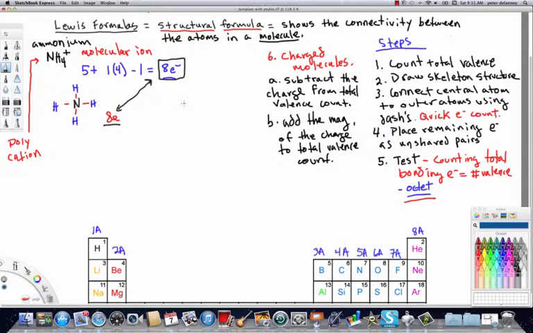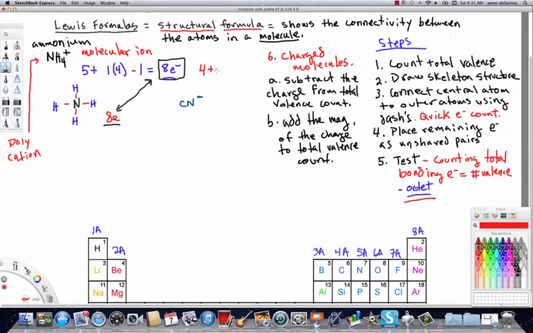We'll look at cyanide, CN-, and again we're going to follow our steps, paying attention to step number 6 here: since it's a negative charge, we're going to be adding that charge to our total valence count. For carbon, we're in group 4, so that's 4 valence electrons.